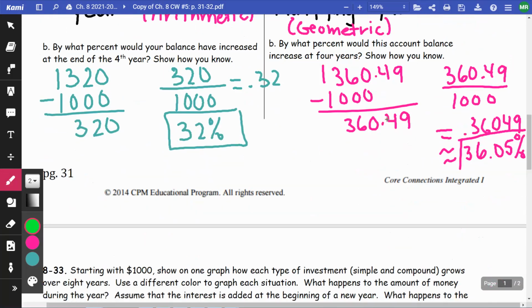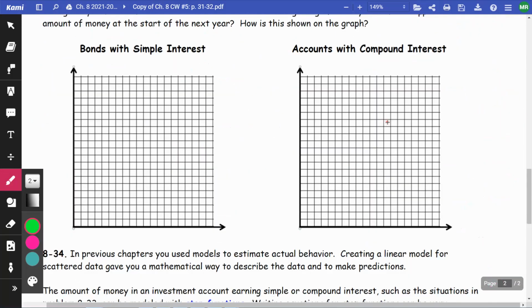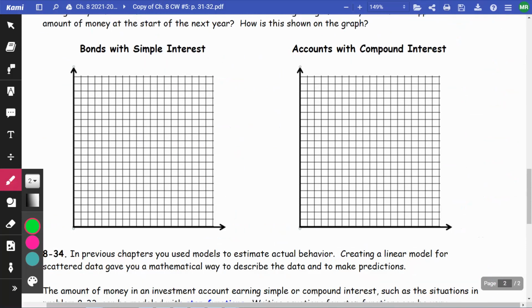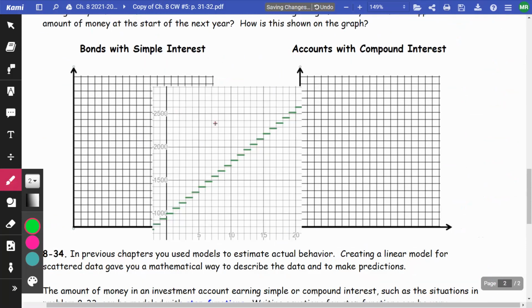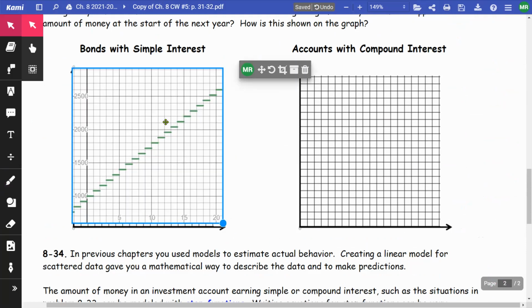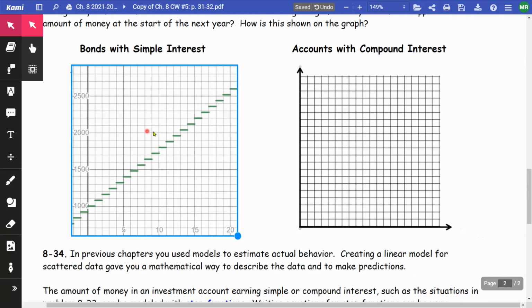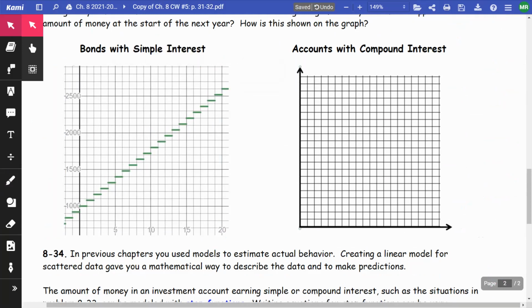I'm going to come over here to this screen and upload this image here. Oops. Upload this image here. And so that is my graph.